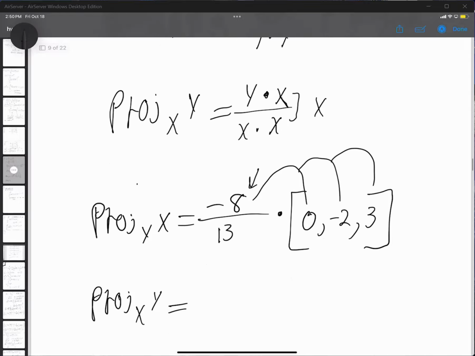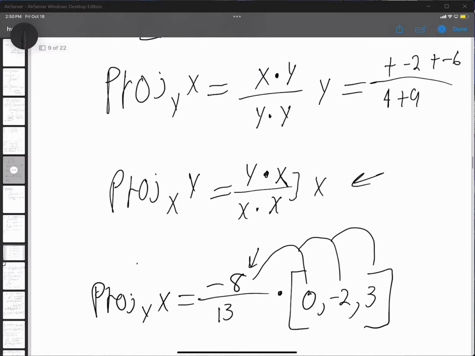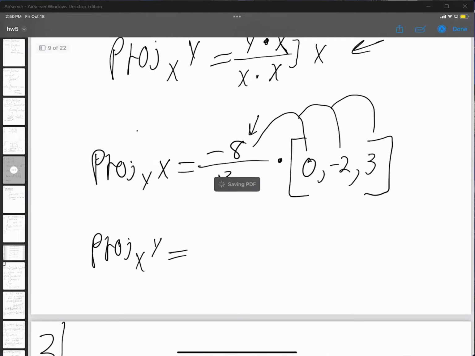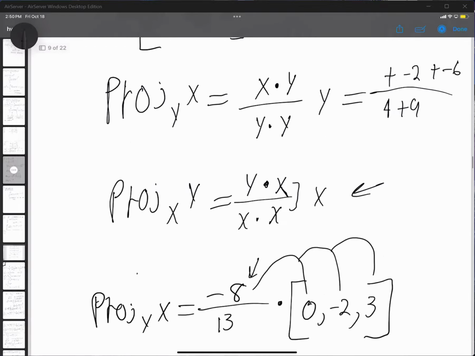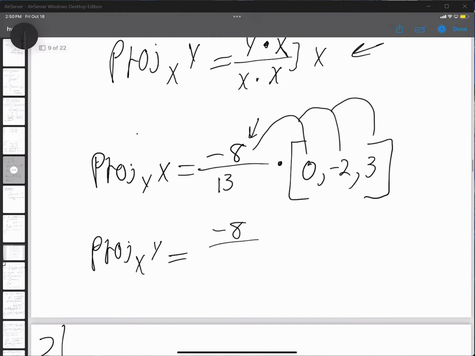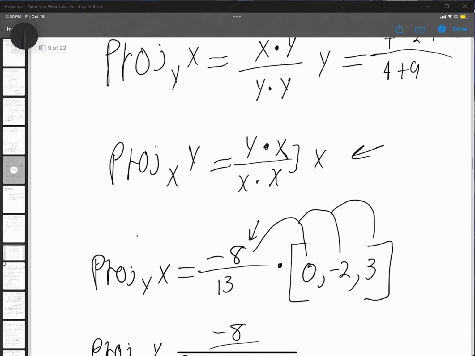It won't change. It's going to be -8 up top, divided by x dot x, my bad. It's going to be 1 squared plus 1 squared plus -2 squared, which is 1 plus 1 plus 4, which is 6.